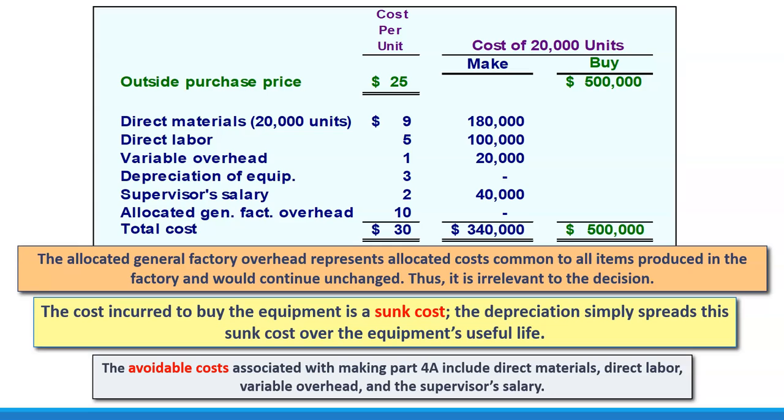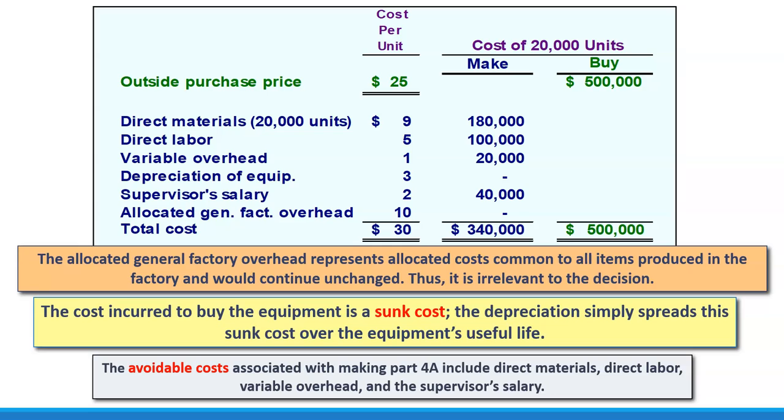That would not be changed. Since we can't change it, it is not a relevant part of our decision. So the avoidable costs associated with making part 4A are direct materials, direct labor, variable overhead, and the supervisor's salary. Those are the things that we could save by buying it from an outside supplier.